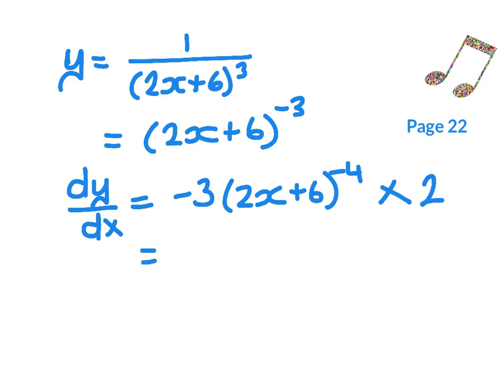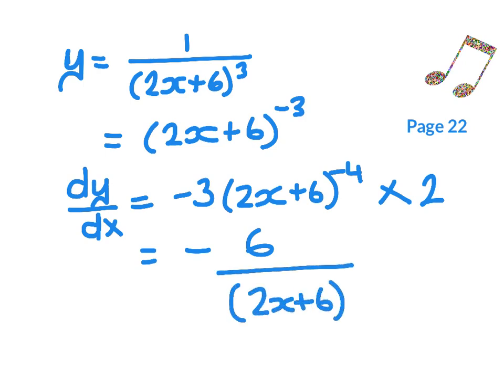Tidy those together, so -3 times 2 is -6. And I know that I've got an index of -4 here, so to get rid of the negative I'm going to want to put that under the fraction. So -3 times 2 is -6, and it's over 2x plus 6 to the power of 4.